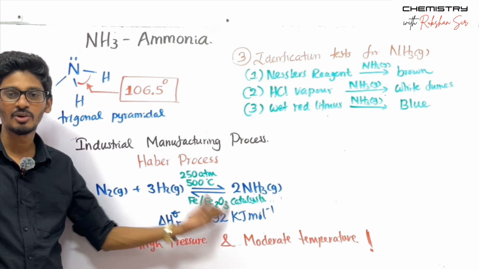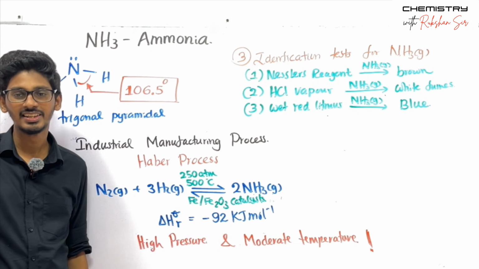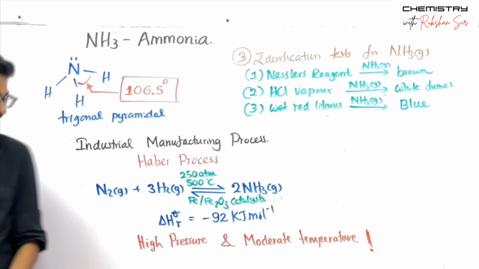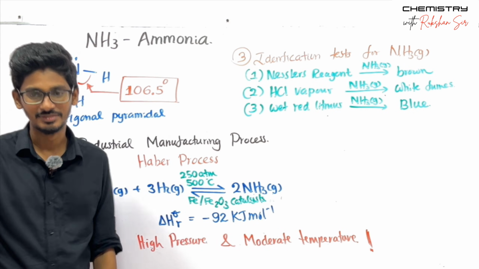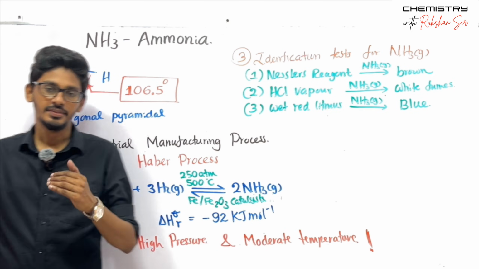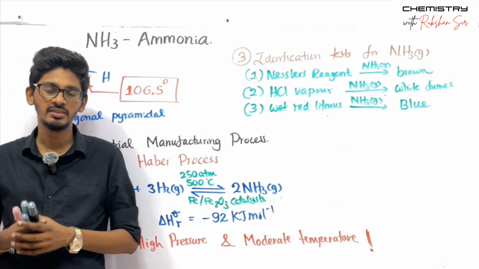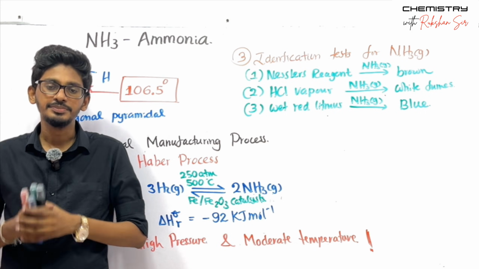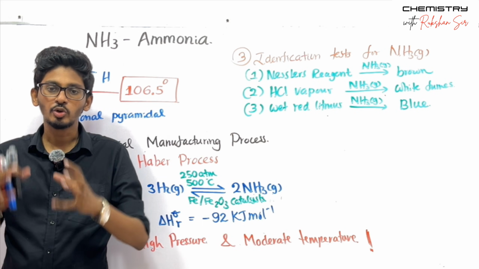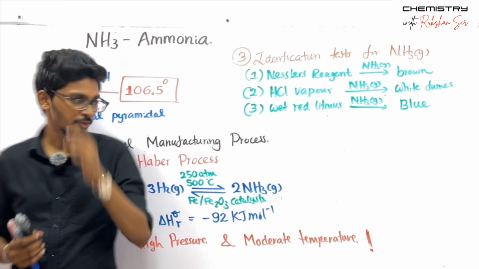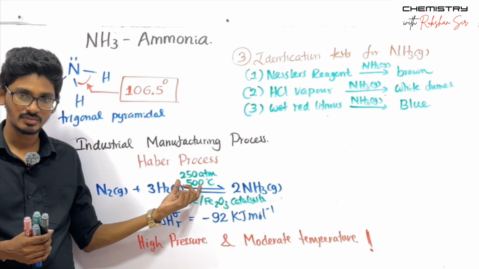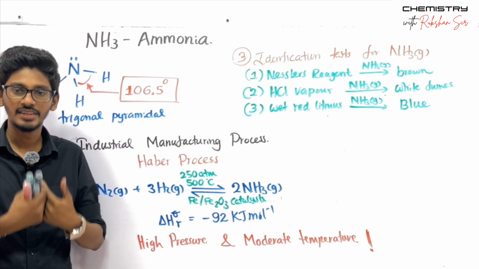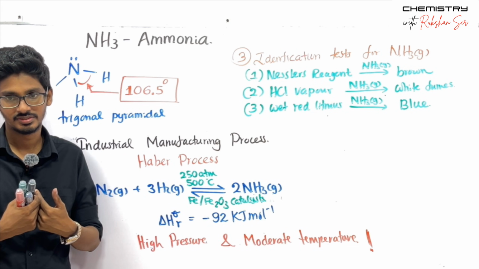500 Celsius moderate value. Those high, moderate, low terms are assigned relative to the room conditions. So when it comes to 250 atm, it is 250 times higher than the pressure of the room conditions.